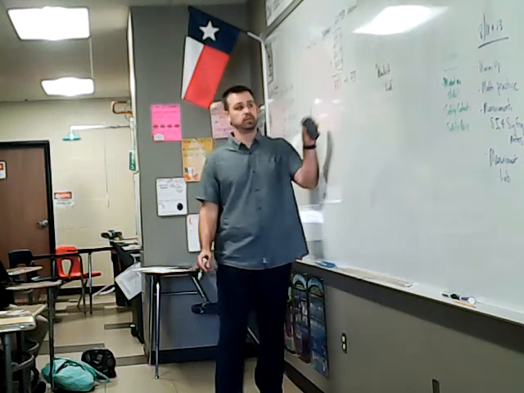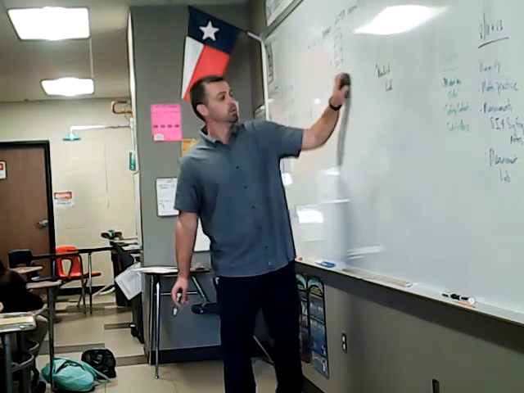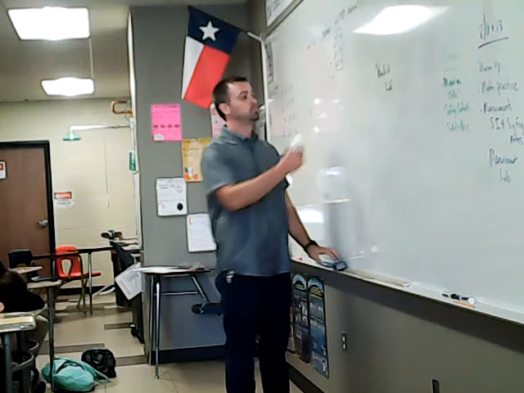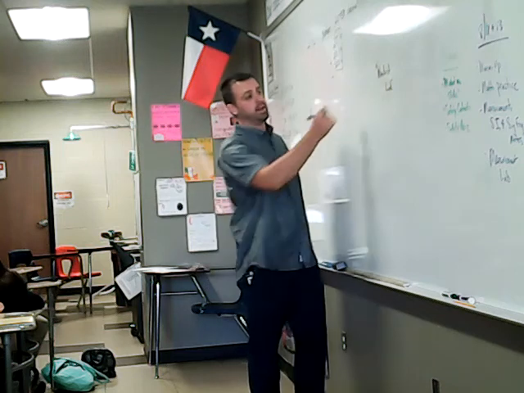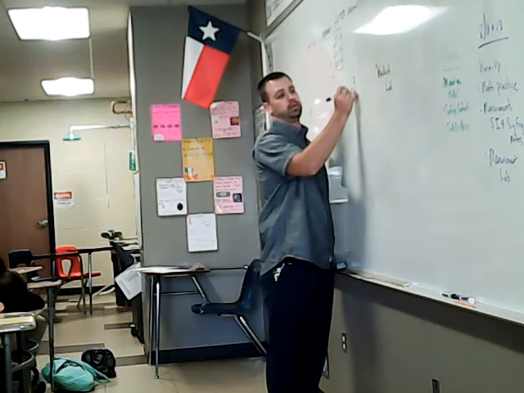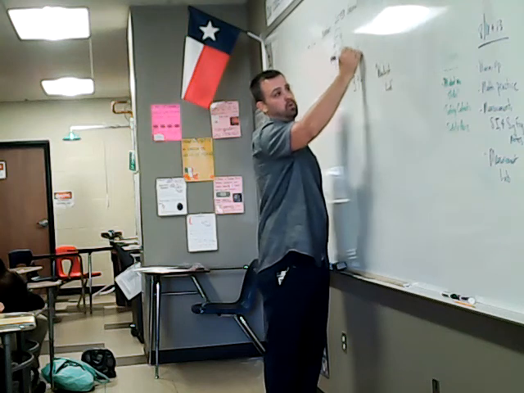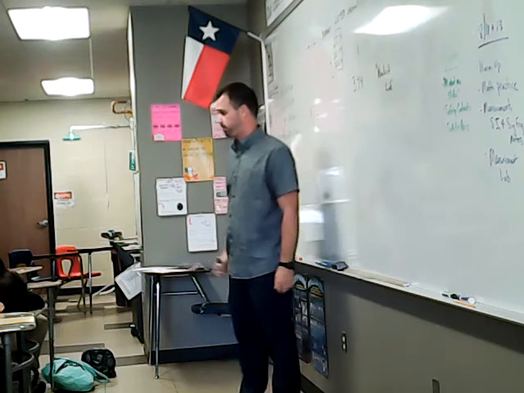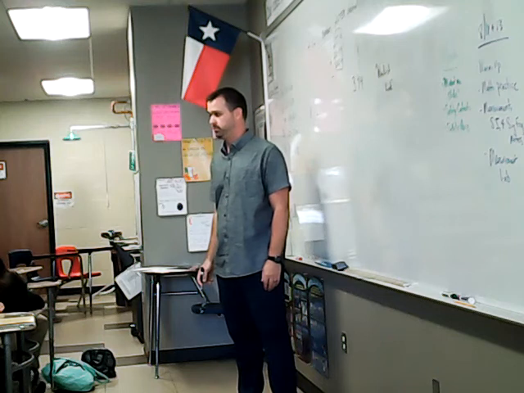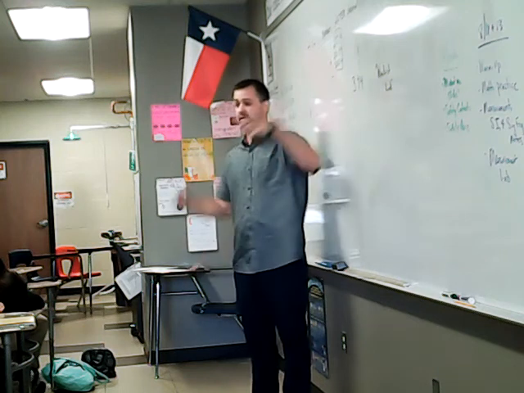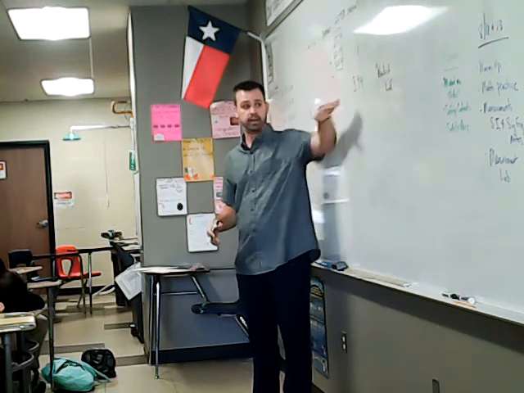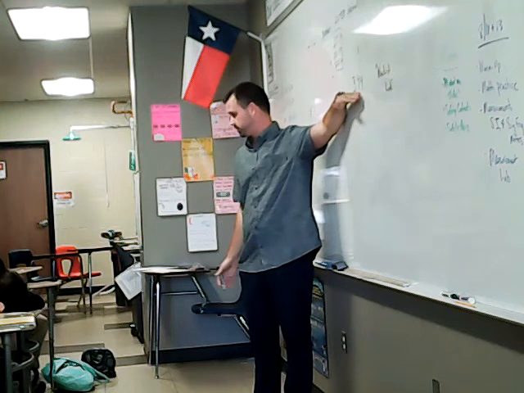So let's do this. Let's say you're adding up and you have an answer of 3.94 and you're only allowed to have 1 sig fig. Let me say that again. You added everything up or subtracted it. Your calculated answer is this.